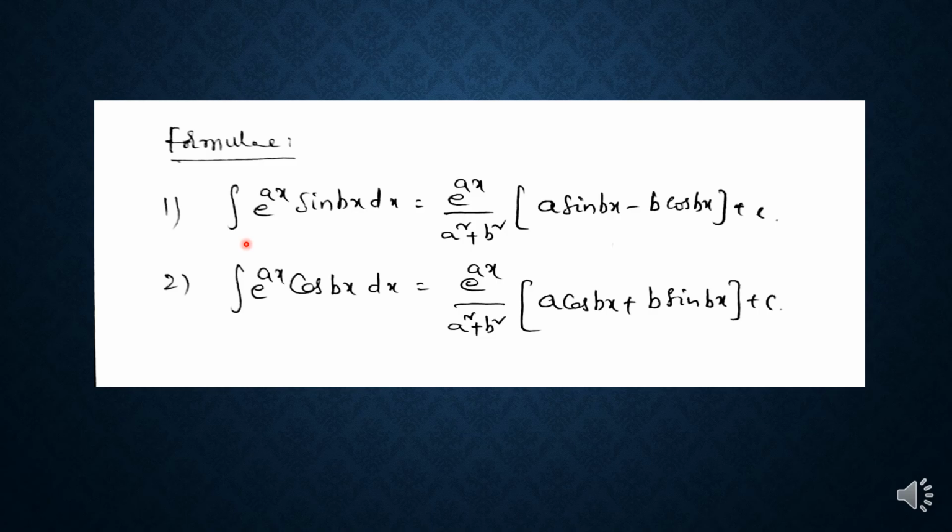Integral e power ax into sin bx dx is equal to e power ax by a square plus b square into a sin bx minus b cos bx plus c, and integral e power ax cos bx dx is equal to e power ax by a square plus b square into a cos bx plus b sin bx plus c.